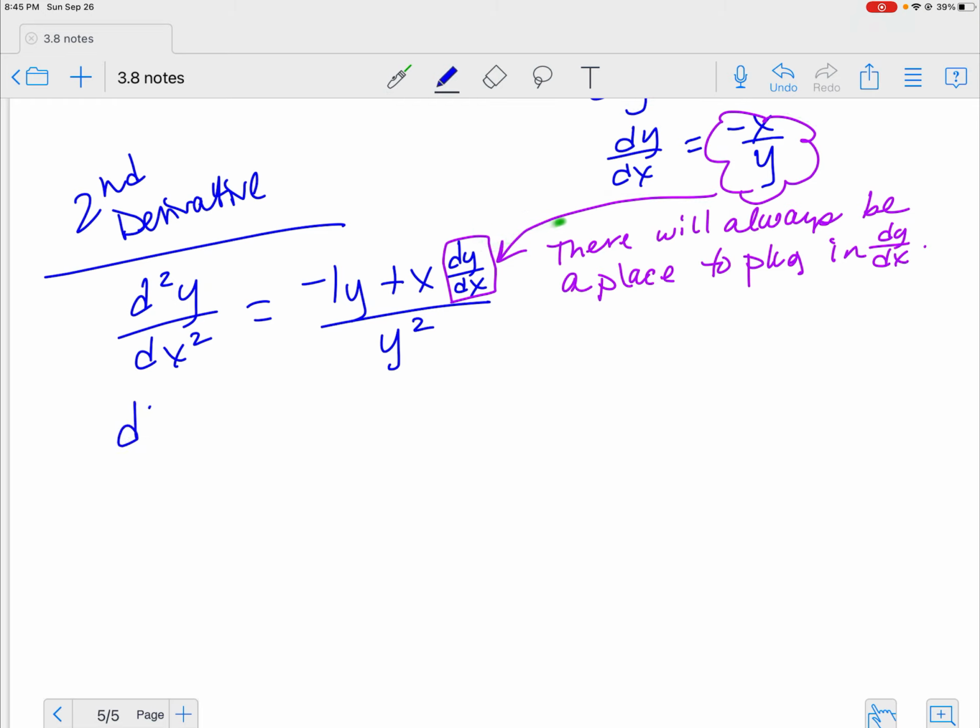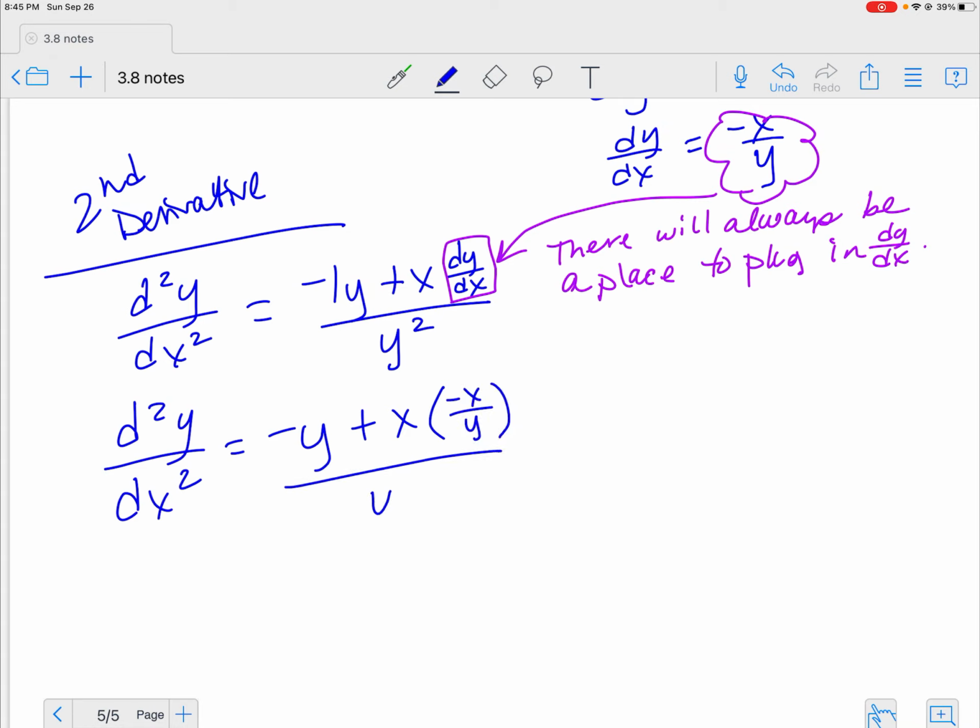Good. So plug that in. d squared y over dx squared is equal to negative y plus x times a negative x over y all over y squared.